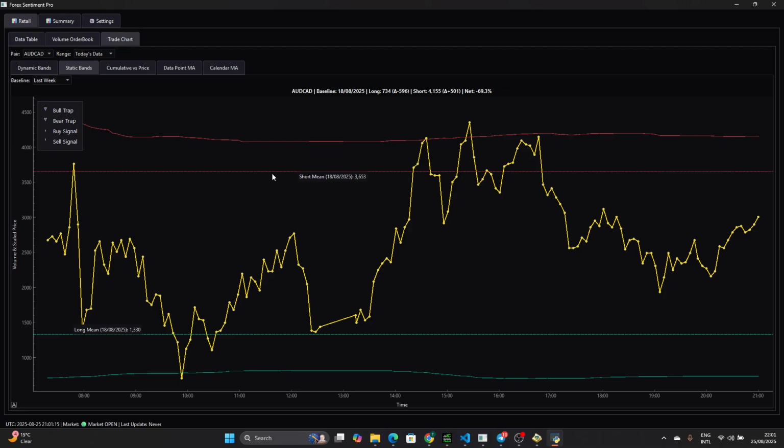So this is where you have two baselines. You have the short and long means based on the selected period for calculating the baselines. Look how price moved from the long baseline to the short baseline, and this is the current day long and short volume lines.